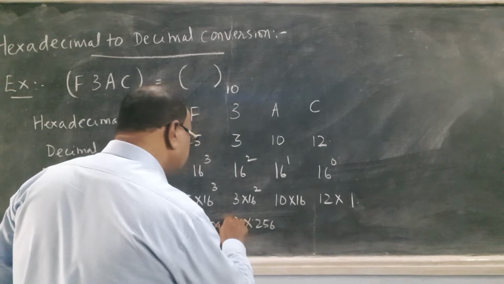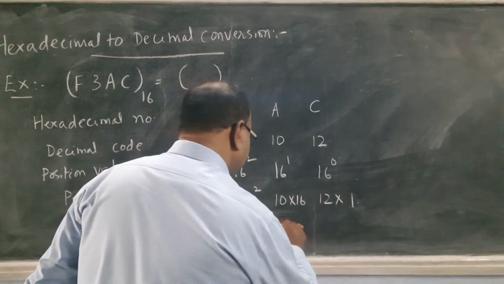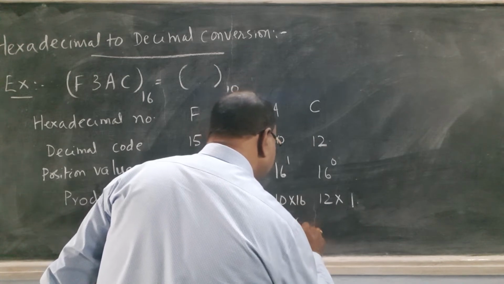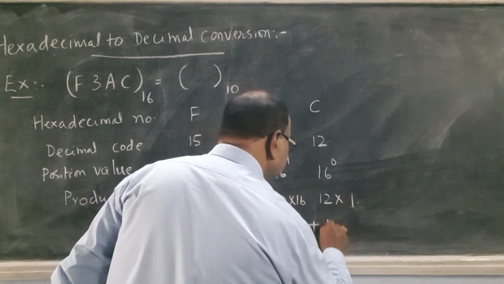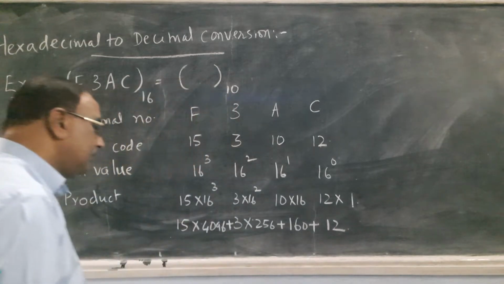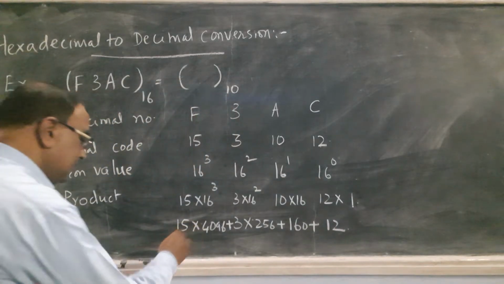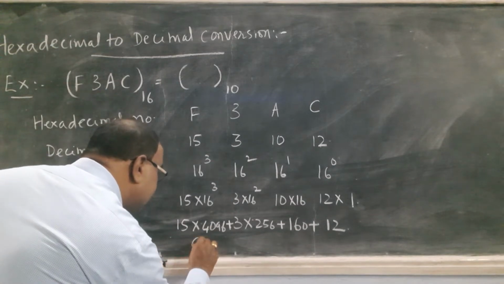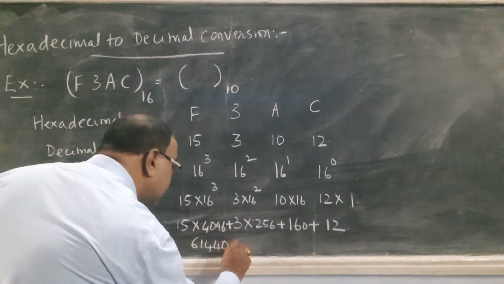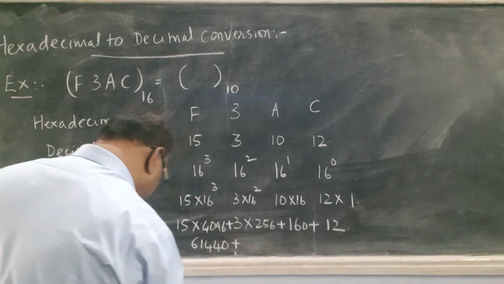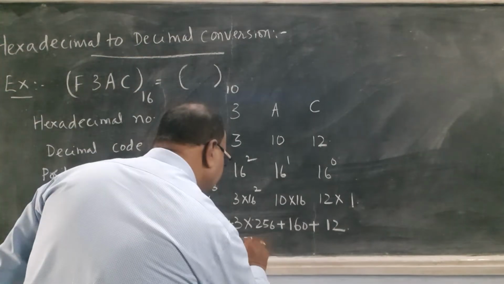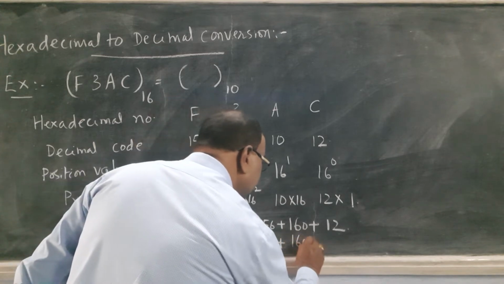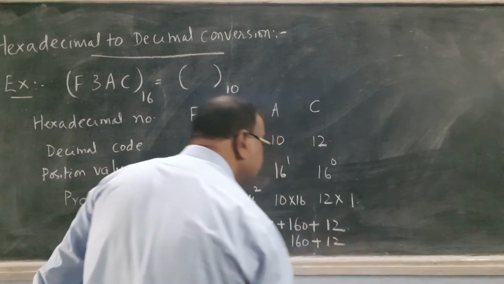You put the positive sign here. So add them. This is 160 plus 12 into 1 is 12. Now write the product, that is 61440 plus 768 plus 160 plus 12, right?